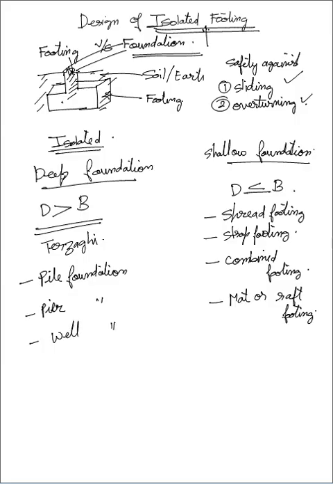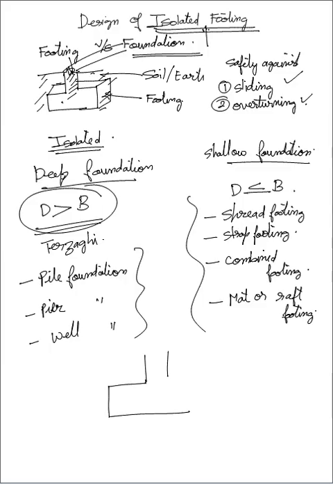There are many examples of deep foundation as well as shallow foundation, but the basic criterion which you should remember is if D is greater than B. Here again you will ask what is capital D and what is capital B. You can see here, this is your width of footing, that is capital B, and this is your depth.